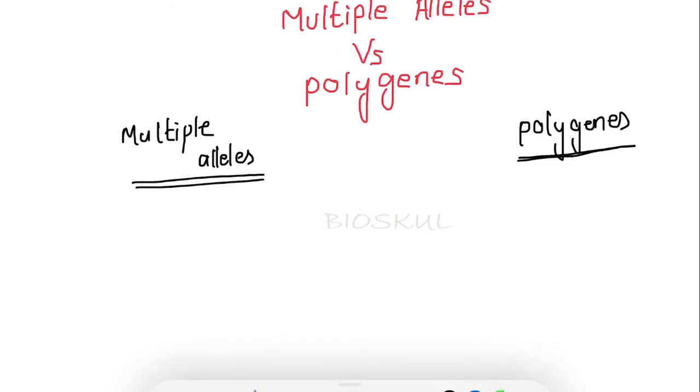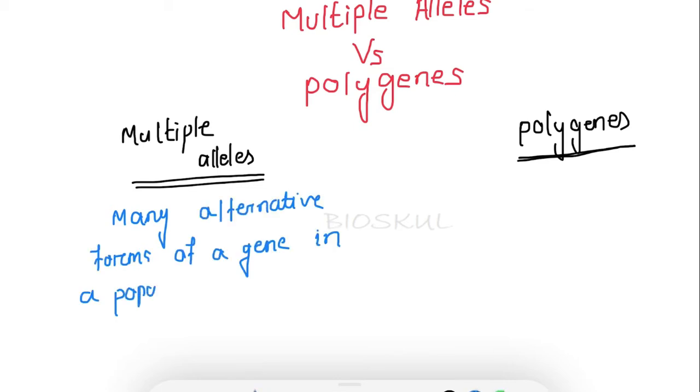First we will focus on definition. Multiple alleles. Multiple means what? Many. Alleles means alternative forms of a gene. Many alternative forms of a gene in a population is known as multiple alleles. So here we know that a single gene has how many alleles? Two alleles, right?